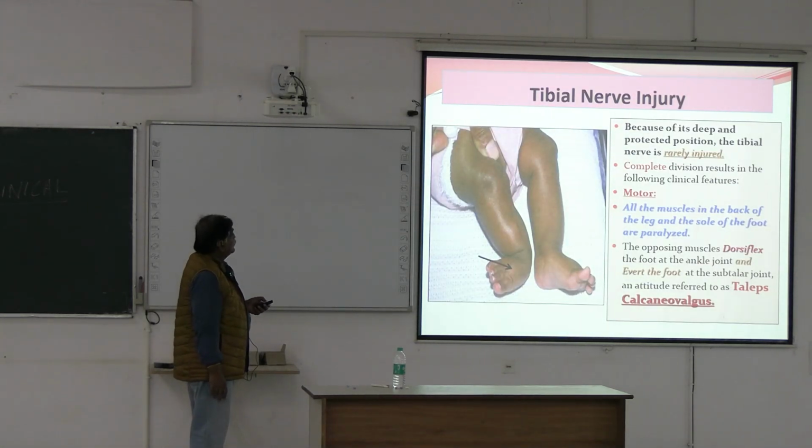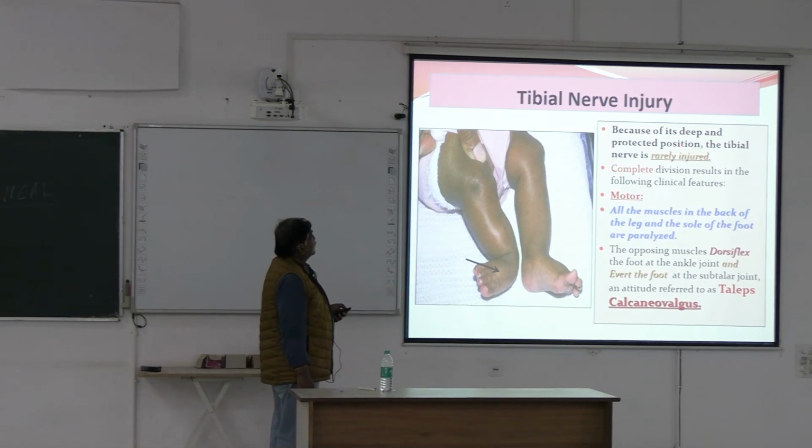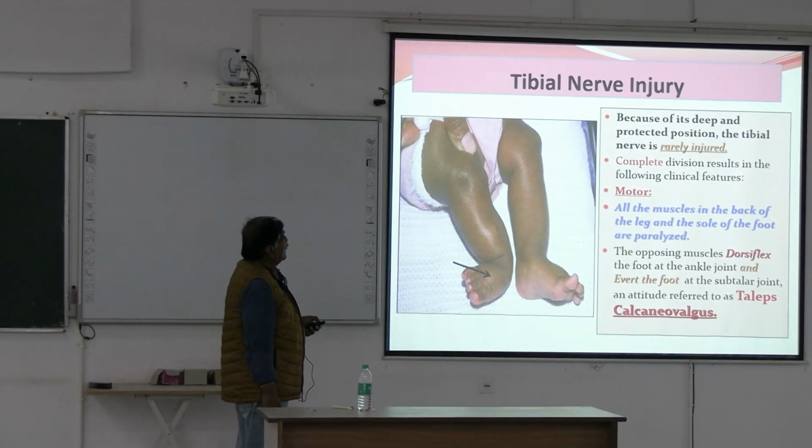Now see, tibial nerve injury. Because of its deep and protected position, the tibial nerve is rarely injured. Complete division results in the following clinical features: motor, all the muscles in the back of the leg and sole of the foot are paralyzed.